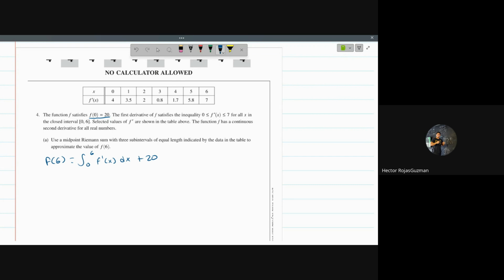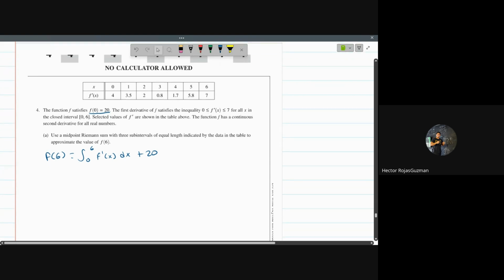The 20 comes from my initial condition. We don't start at 0, we already start with the value of 20. And 20 is the value of the function f, not f prime. So again, keep that in mind.